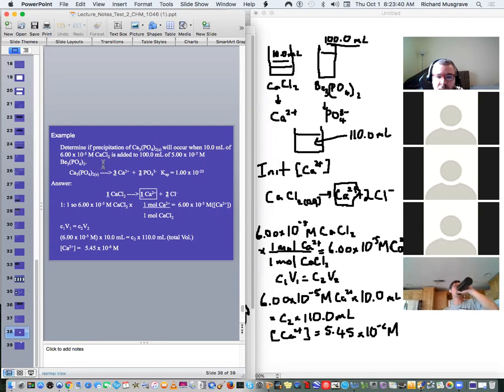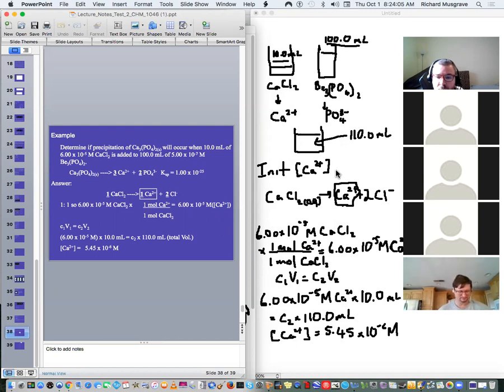It turns out that the calcium and the phosphate will join together to form possibly a precipitate of calcium phosphate. And we know this because we are given this equation here. So we only have interest here in the calcium and the phosphate. So the first thing we do is we find the concentration of the calcium 2+ in a calcium chloride solution, which in this case happens to be a 1-to-1 mole ratio.